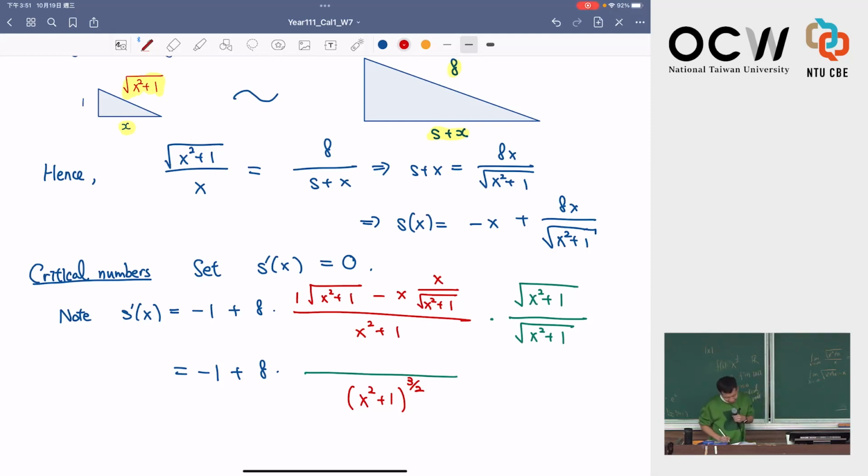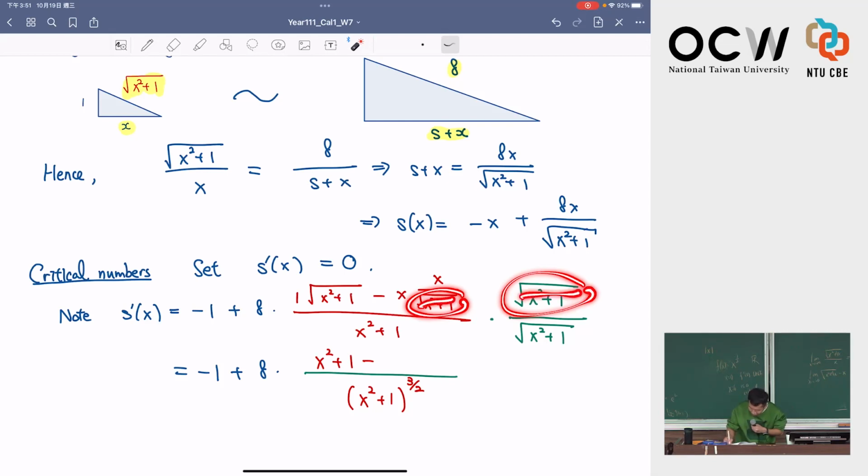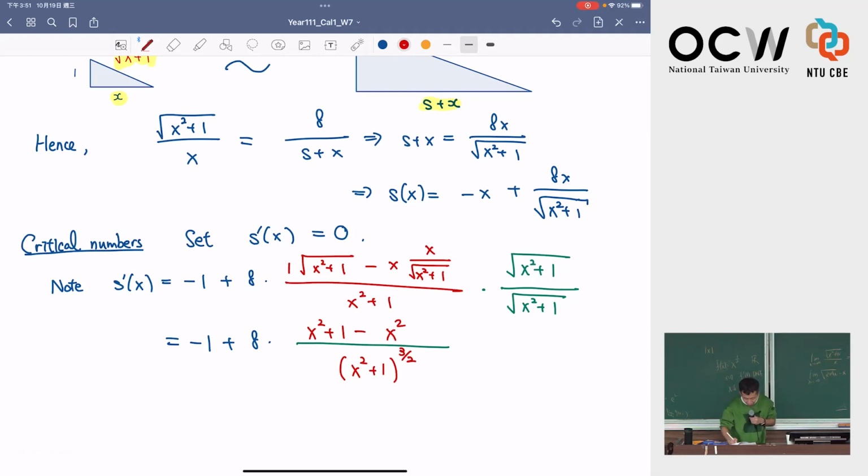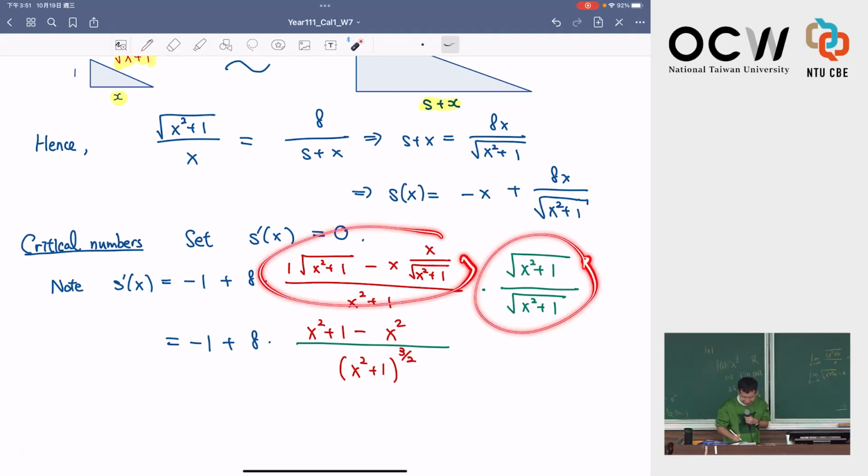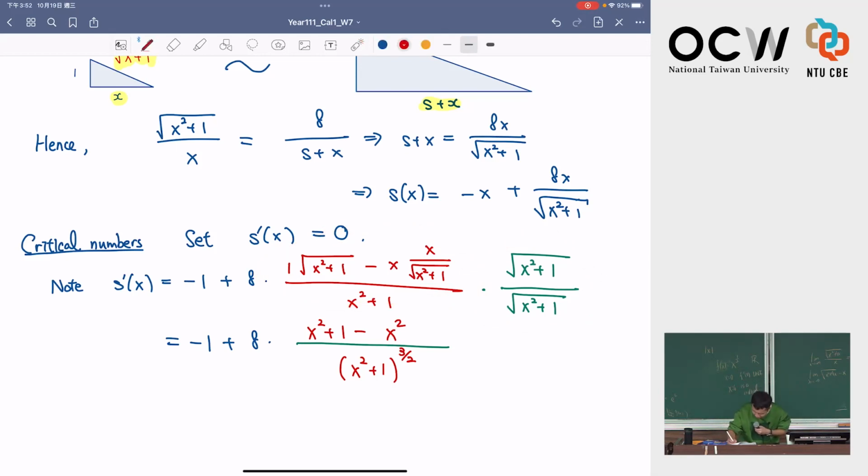You will see that there will be magic happening in the numerator. Firstly, square root times the same square root become x squared plus 1. And the minus x times the square root at the bottom times this, so they cancel. So you get x squared. So initially, without doing this little trick, you may have a nasty mess, okay? But after you do this, you get a much simpler derivative.